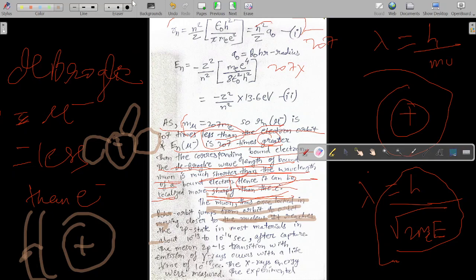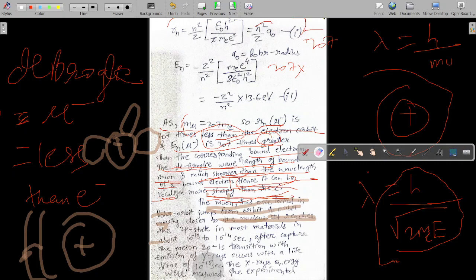Now what are these half life, lifetime, etc.? Those you are going to learn later on. So the gamma rays are emitted after the 2p to 1s transition, and the lifetime of that is 10 to the power minus 18 seconds.